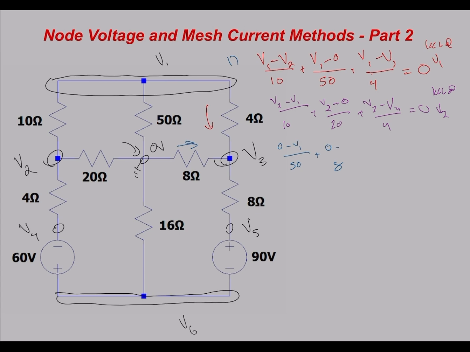The next current we can do is a 16 ohm resistor, which will be 0 minus V6 over 16 ohms. Then finally we can do current going through this 20 ohm resistor, which will be 0 minus V2 over 20, and the sum of all those currents is 0. It's KCL at our reference.